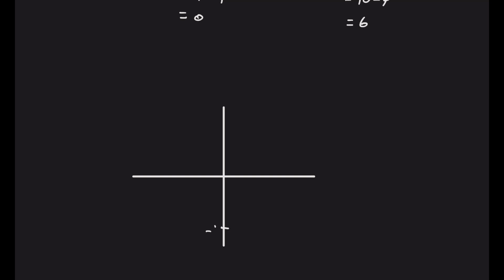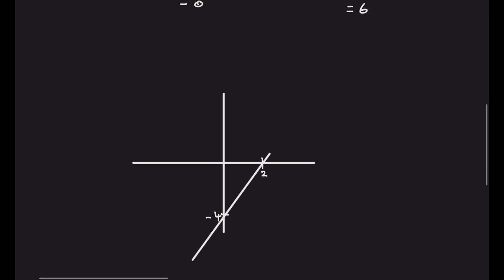So this is negative 4. And you don't need to know how to graph it yet. I'll show you that in a second. But this is what this graph looks like. So 2x looks like this.